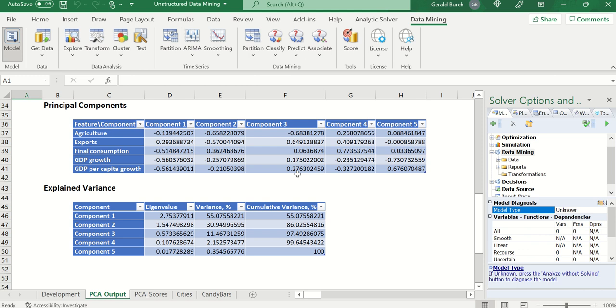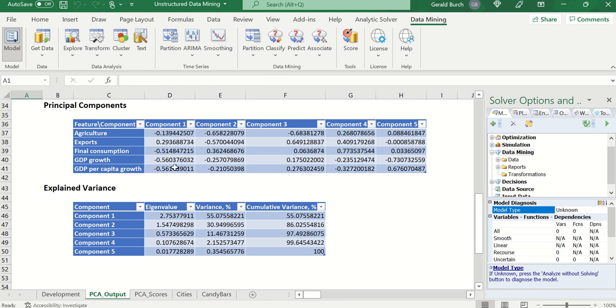Hopefully this helps you understand what is going on with principal component analysis, not only how to read the data, but it says that when I'm trying to look at these 5 variables, there really is something that matters, and we don't know what it is yet. This is data mining.